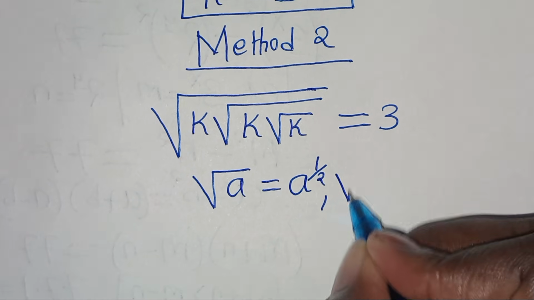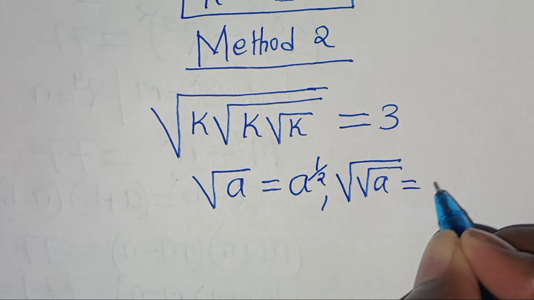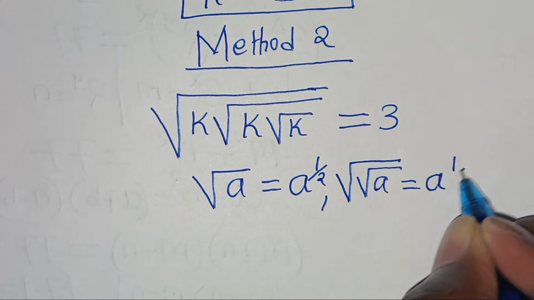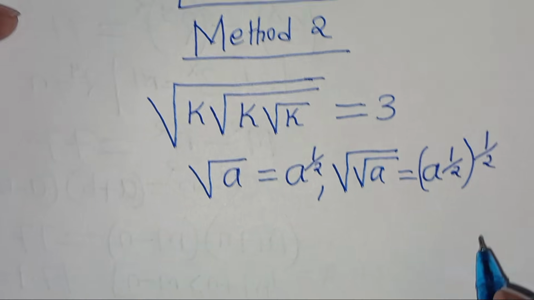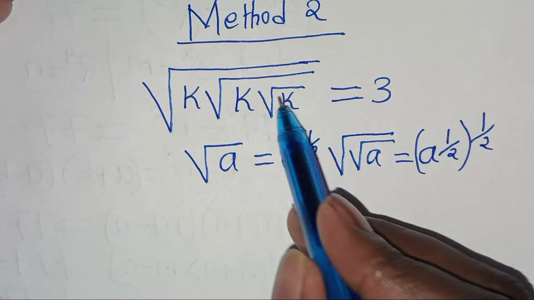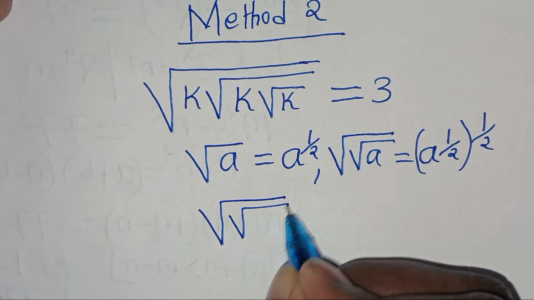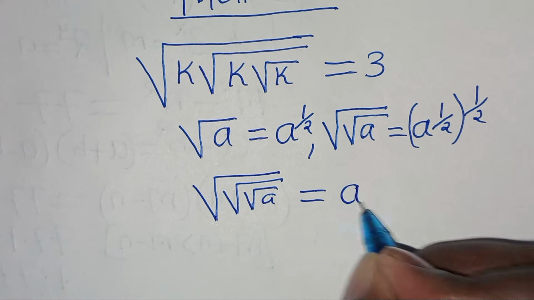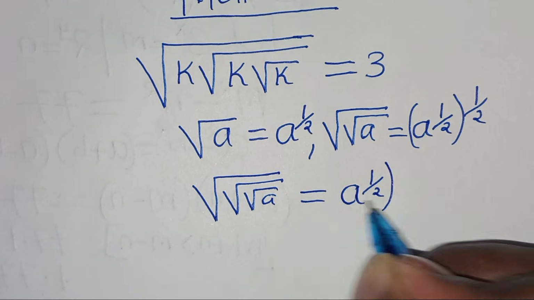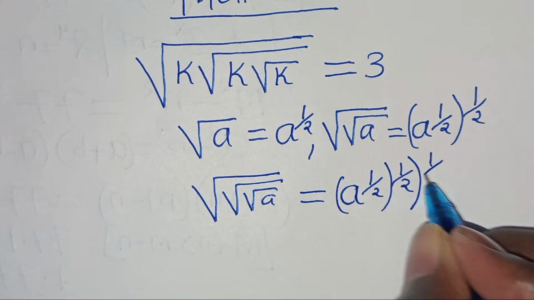Then the double square root of a is the same thing as a to the power of a half raised to the power of a half. Now, if we have 3 square root signs here, that is square root, square root, square root of a, this is the same thing as a raised to the power of a half, raised to the power of a half, then raised to the power of a half.